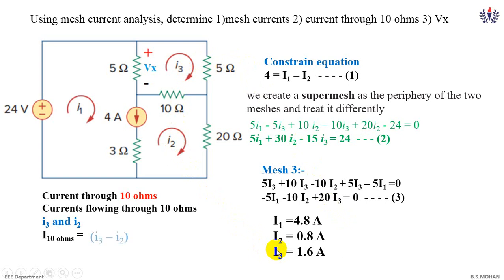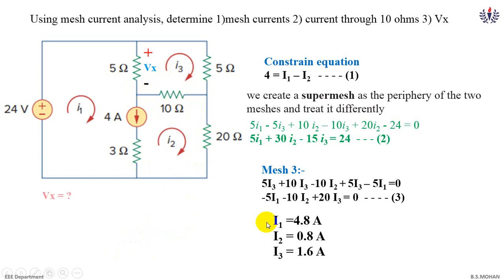I3. We write the equation as I3 minus I2, which is 0.8 amperes. I3 is traveling towards left and I2 is traveling towards right. As they are in opposite direction, we subtract them. Which is greater? I3. So your resultant current will be traveling left. And the answer is 0.8 amperes.